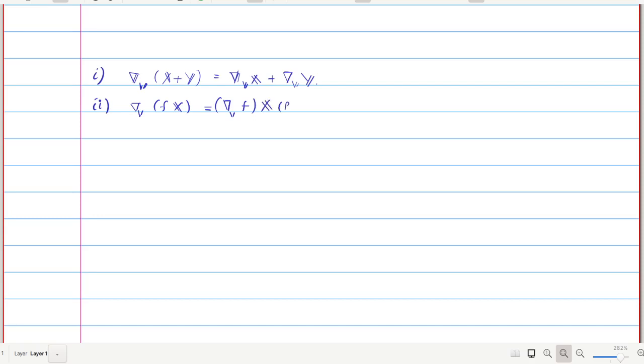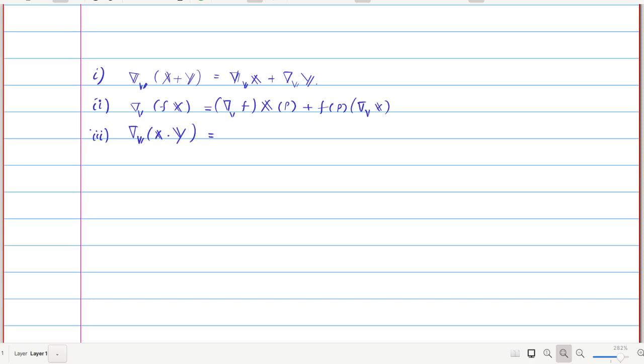plus f of P times del V X. This is analogous to the derivative of the product. You can easily prove these things using the usual derivatives of functions. And the third one, the last one, is del V of X dot Y. These X and Y are two vector fields.